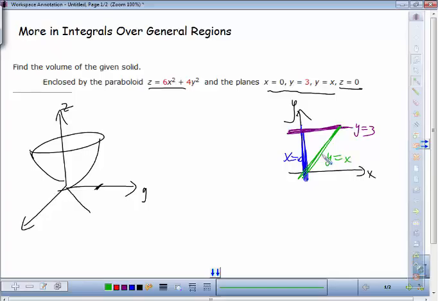I think this gives us a lot of information about the region that we're going to integrate over. And then all we're left with is to figure out what the integrand is going to be, and that is where the z-dimensional space is being taken.